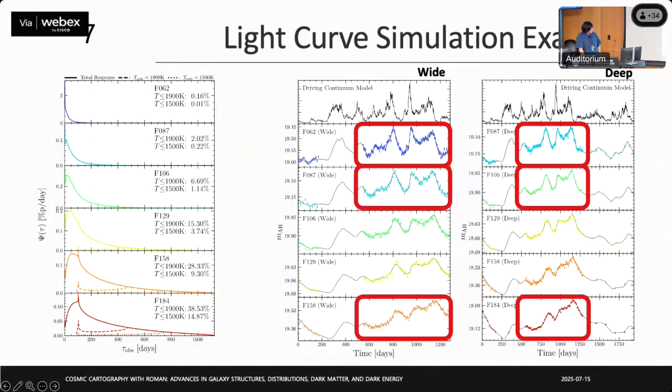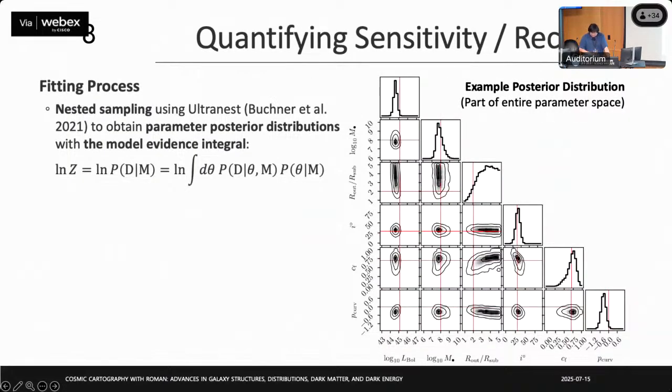We fit these light curves, and the time window is focused on the core survey of this time domain survey. We fit using nested sampling, which is ideal for obtaining the parameter posteriors and the model evidence.